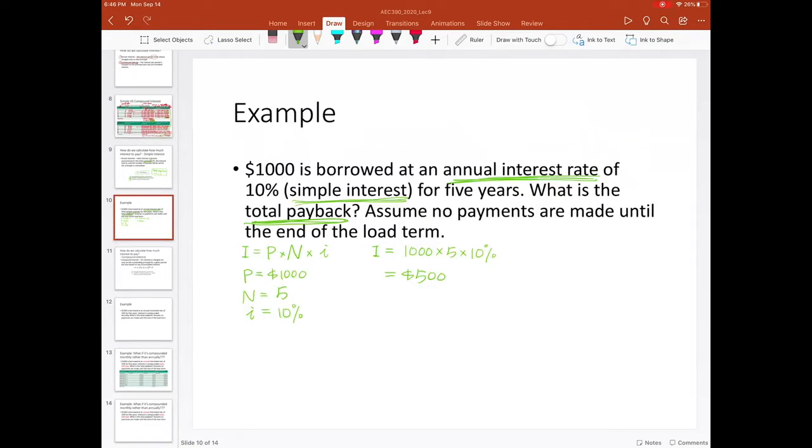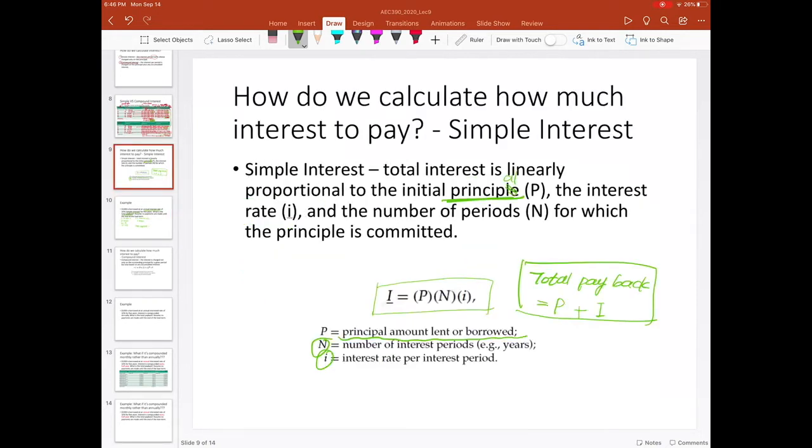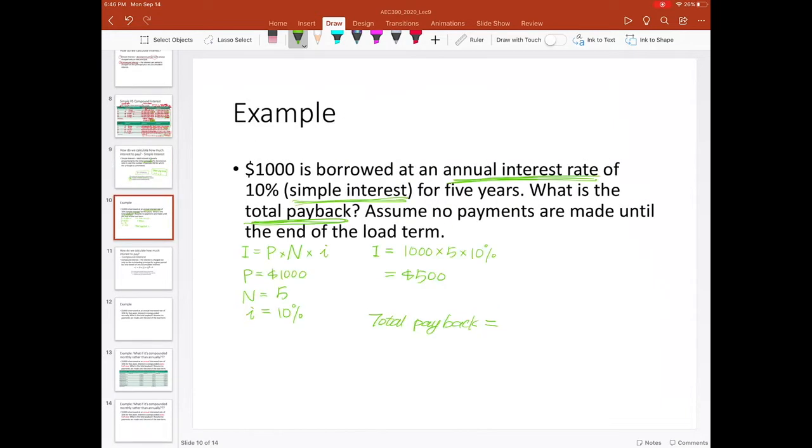Now, what is the total payback, or the total amount you owe the bank after 5 years? We said it's P plus I, and P is 1,000.